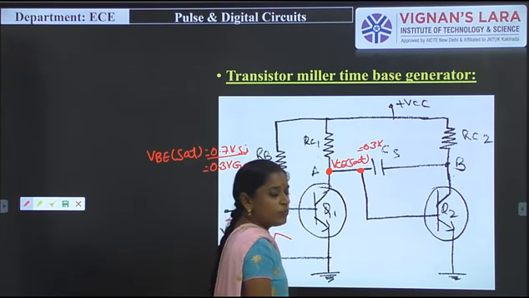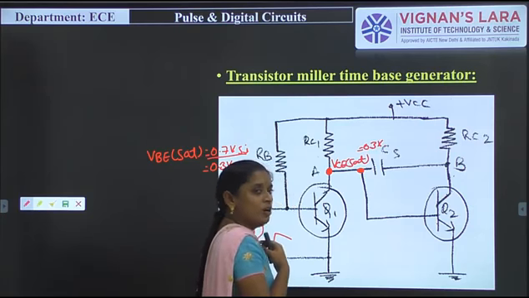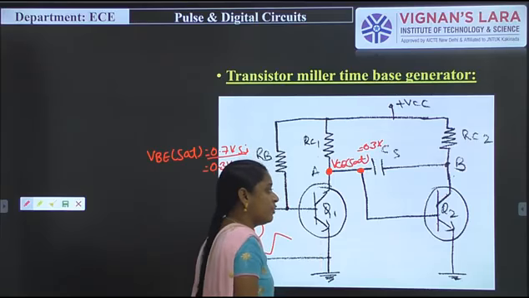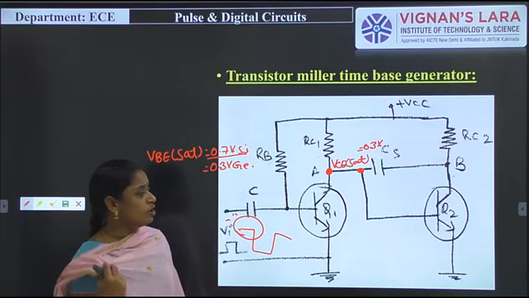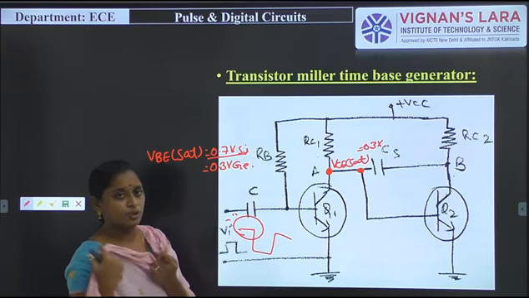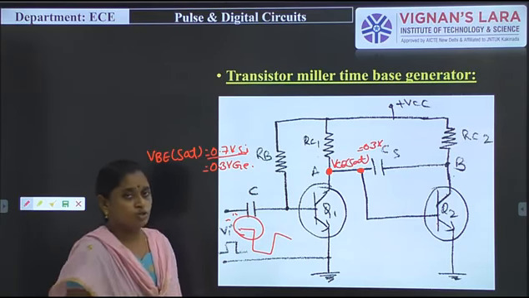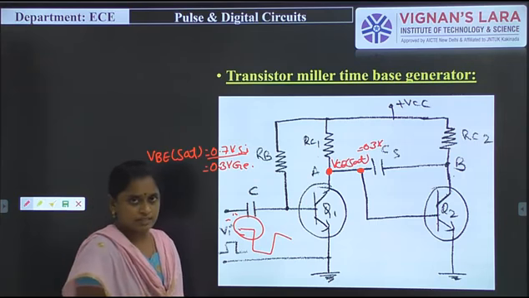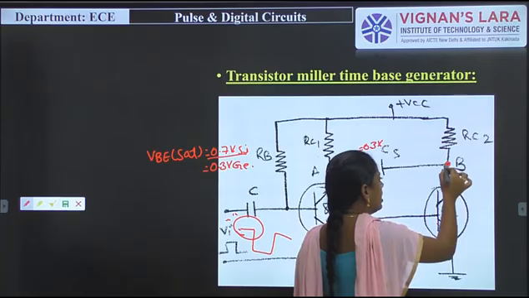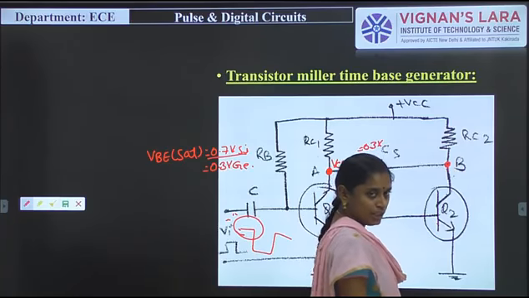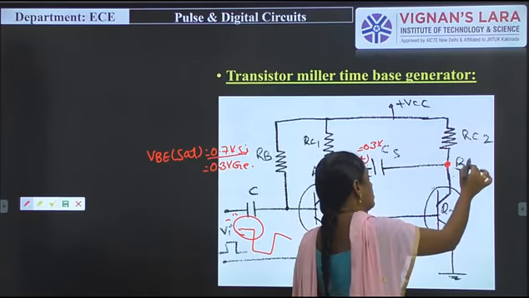Because the minimum voltage applied to a transistor for going to the saturation region is 0.7, but here I am applying 0.3 volts to transistor Q2. So Q2 goes to off condition. When transistor Q2 is off, the voltage VB becomes VCC.